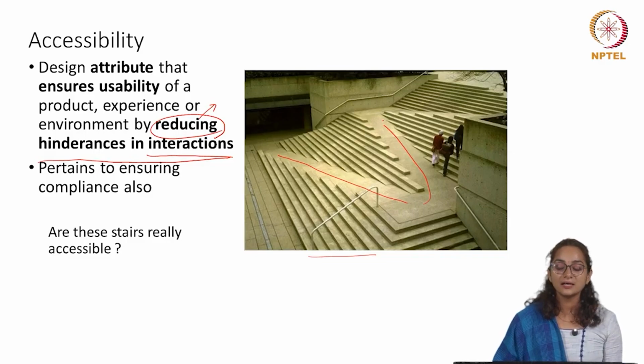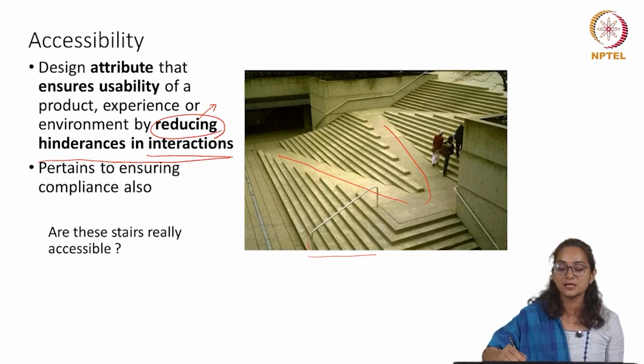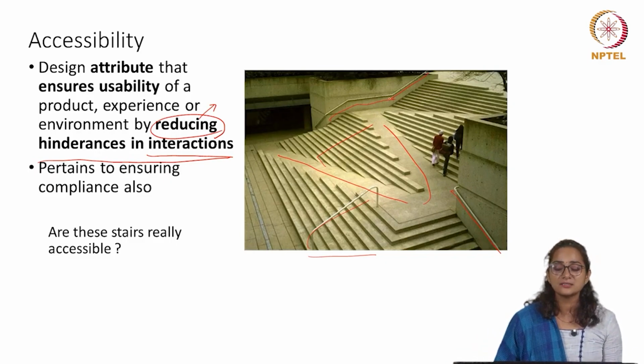Initially, it looks like the architect has made a very nice effort to merge both kinds of navigation methods, where the ramp is very aesthetically combined with the staircase. But on a closer look, you can see that the flights of stairs are very much disconnected. The handrails are not available on all the staircases, and various other aspects. So it may not be truly accessible, but it's definitely a good attempt.